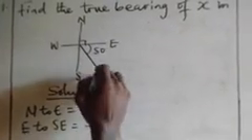It is stated there, okay? Now, for you to know the degree from here to here, add 90 plus 50. That will give you 140 degrees. So x equals 140 degrees.